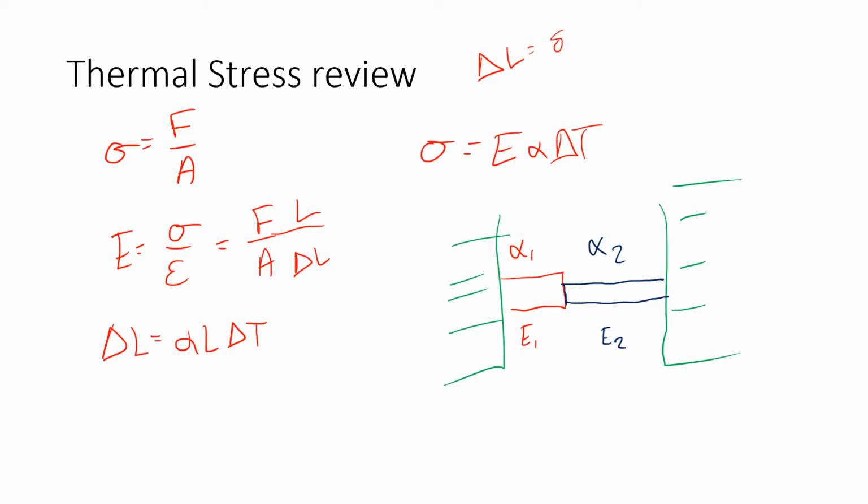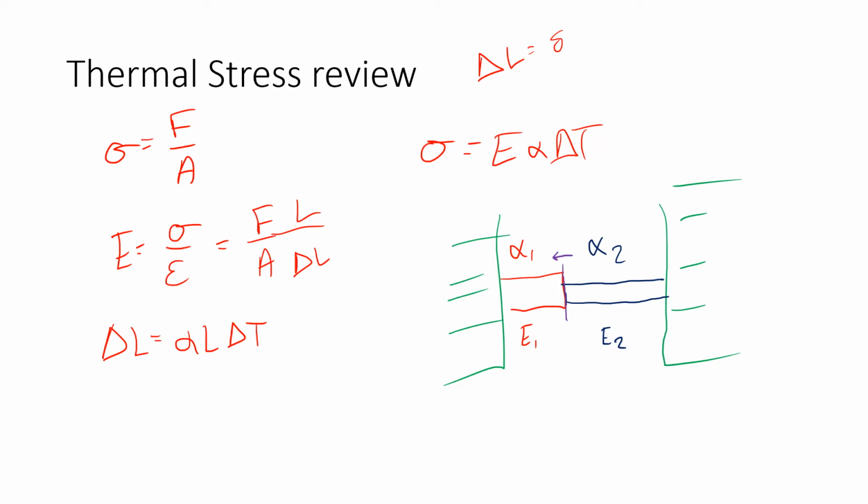So are the delta L's going to be equal? No, they're not. Well, I suppose in some ways they would be, but not really here, because if the blue one expands more, it's going to push the boundary a little bit this way, depending on the values of those two constants.